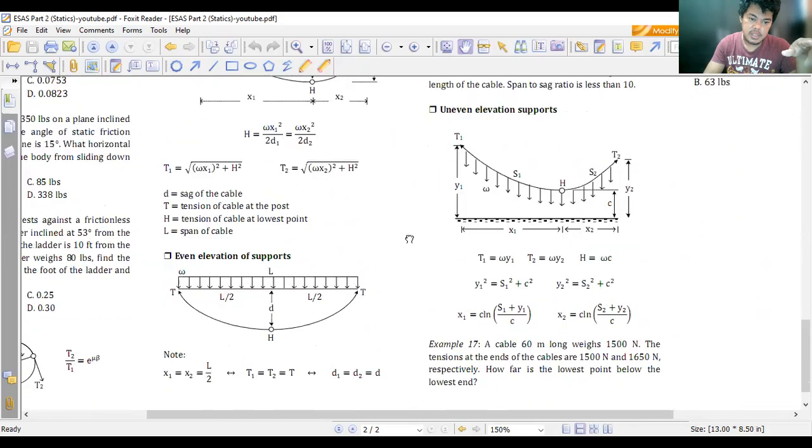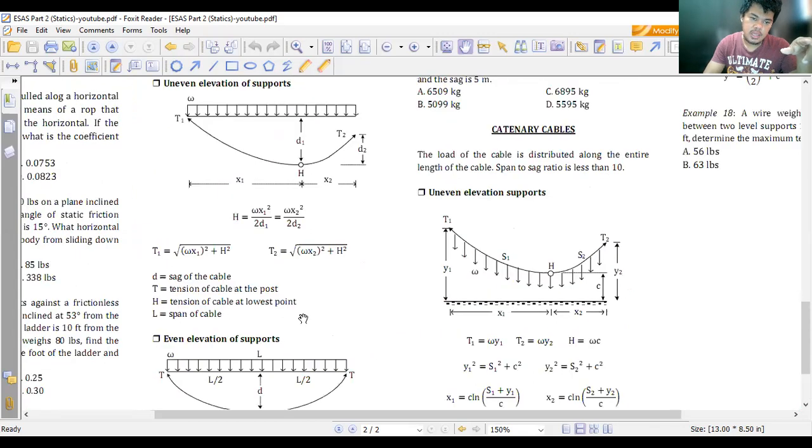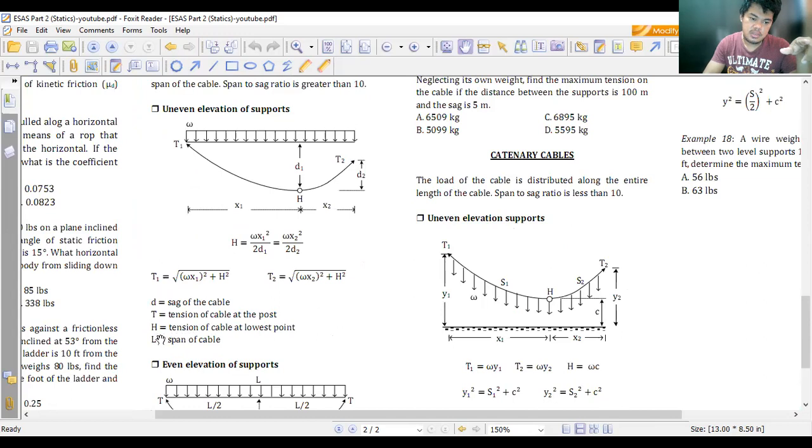For even elevation of supports, we have this one. Okay, so these would be the variables. L here would be the span of the cable.